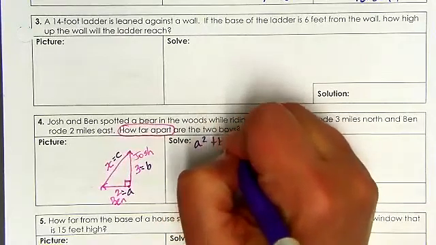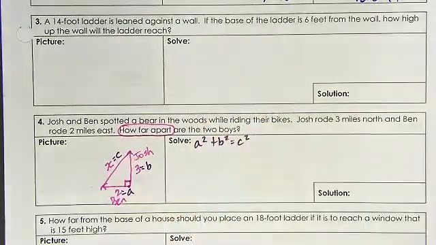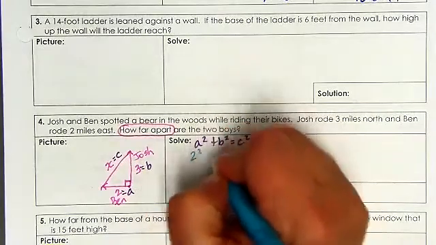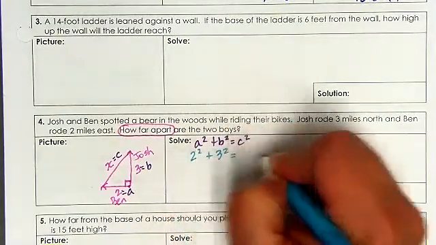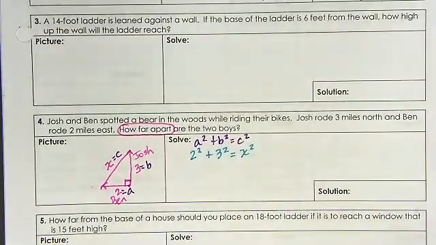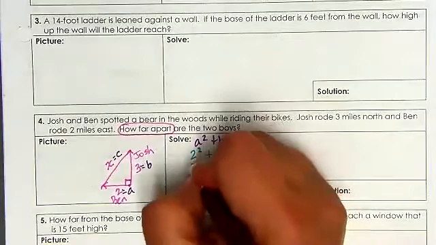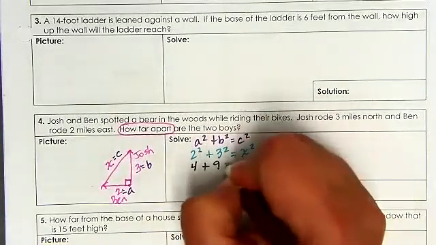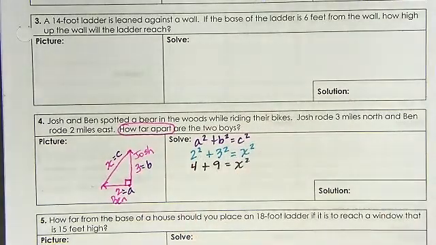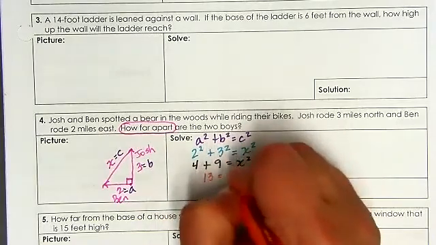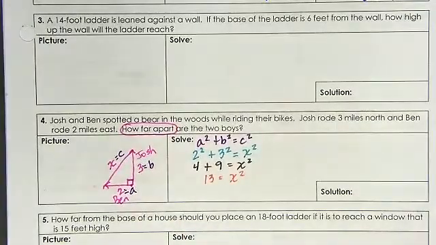A squared plus B squared equals C squared. So I'm going to have 2 squared plus 3 squared equals X squared. We have 4 plus 9 equals X squared. 13 equals X squared.